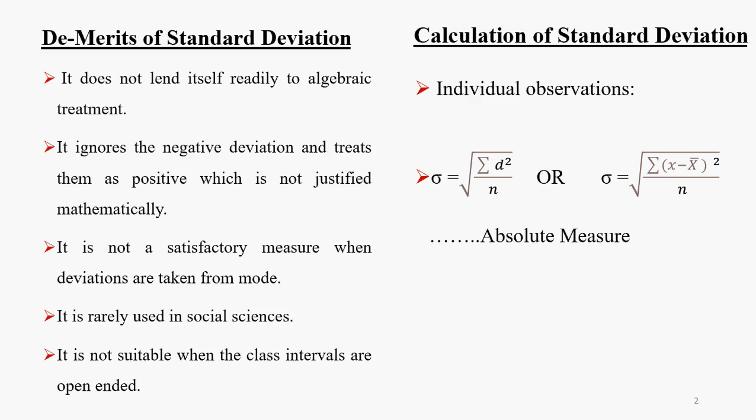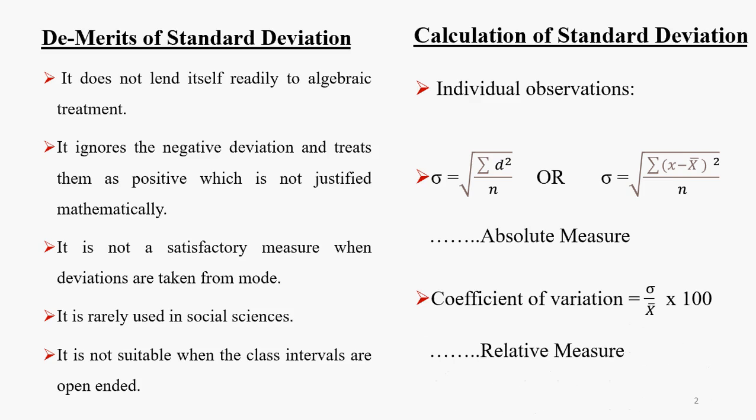This formula is an example of an absolute measure. For a relative measure, you divide the standard deviation by the mean and multiply by 100. This is what you need to determine for the coefficient of variation. I hope this is clear with regard to the demerits as well as how to calculate standard deviation.